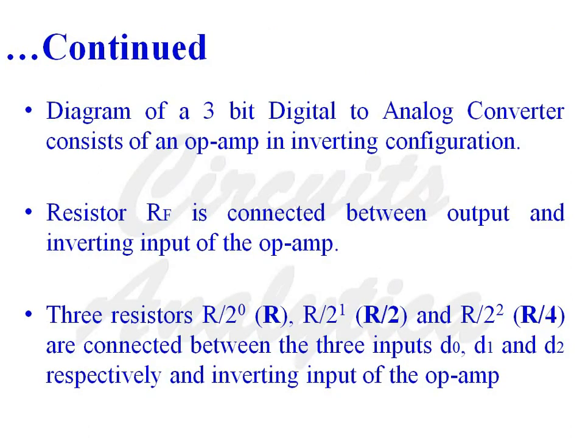Resistor RF is connected between output and inverting input of the op-amp. Three resistors R by 2 raised to 0, which is equal to R, R by 2 raised to 1, which is equal to R by 2, and R by 2 raised to 2, which is equal to R by 4, are connected between the 3 inputs D0, D1 and D2 respectively, and the inverting input of the operational amplifier.